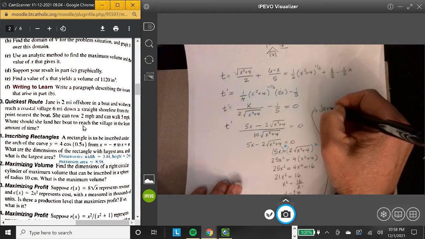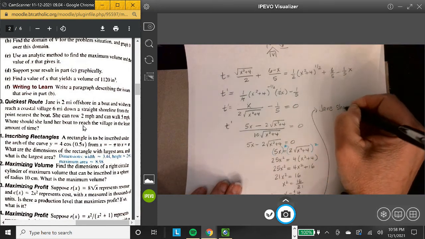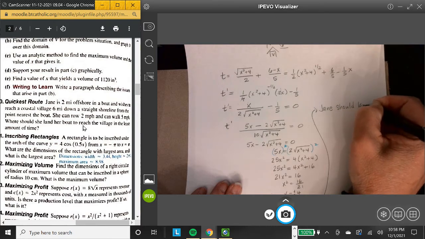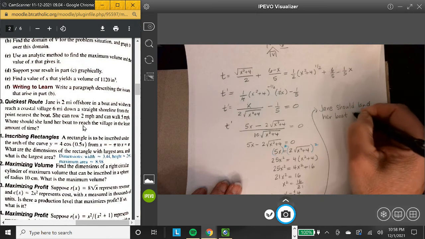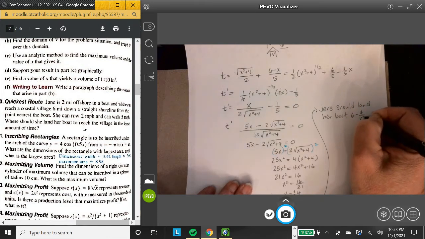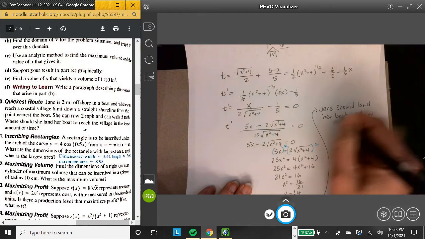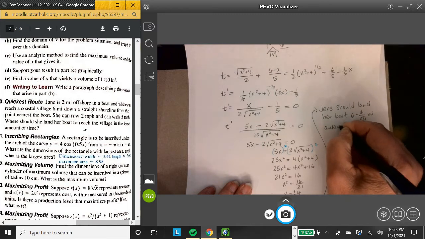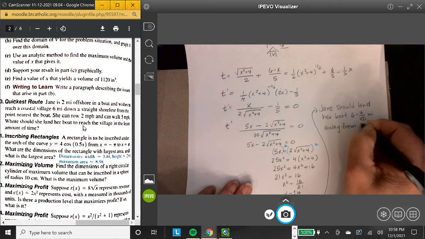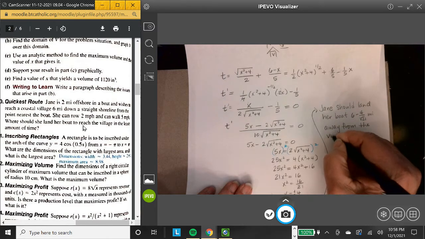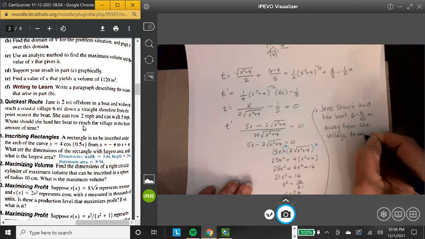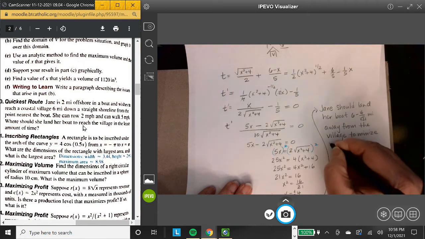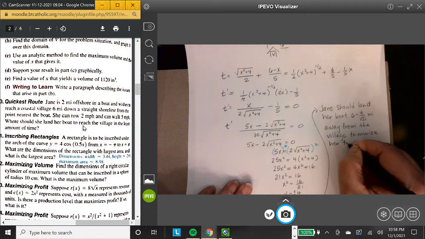Jane should land her boat 6 minus 4 over root 21 miles away from the village to minimize her time of trip.